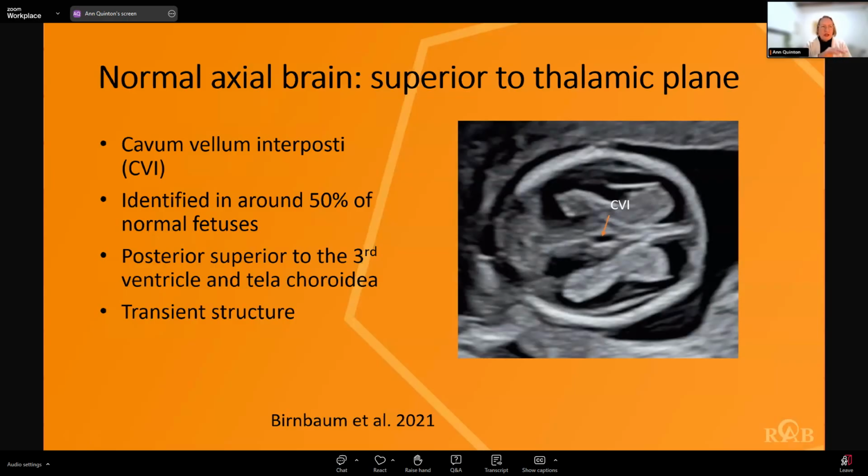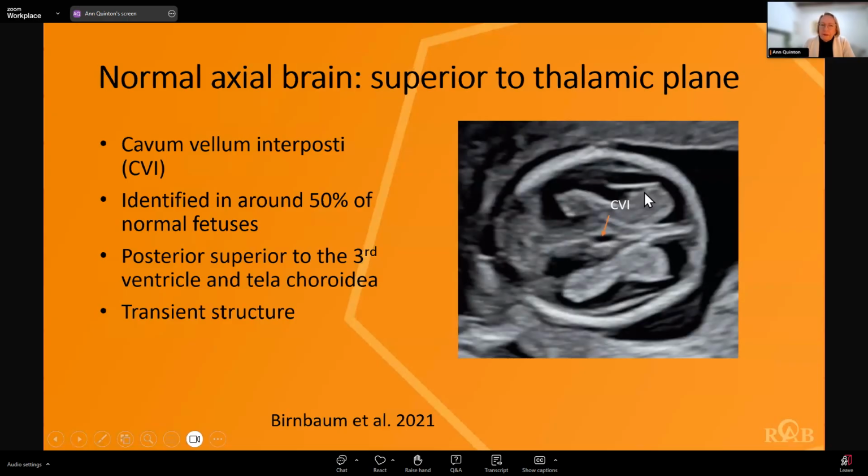It's a potential space between the third ventricle and the tela choroidea of the third ventricle, and it contains cerebrospinal fluid. Basically it's just a folding of the pia mater in the fetal brain in that area. So don't mistake this for the third ventricle.